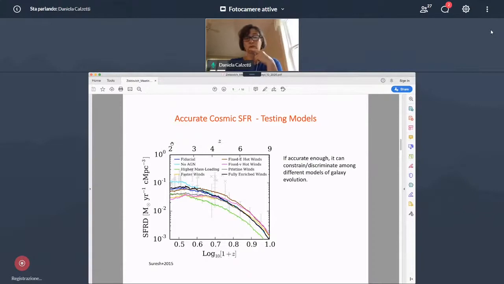So you need really to restrict and constrain the star formation rate density and its evolution across cosmic times to a much higher level of accuracy in order to discriminate between these many models. At this moment, only the higher mass loading model is somewhat rejected, but not even that strongly.